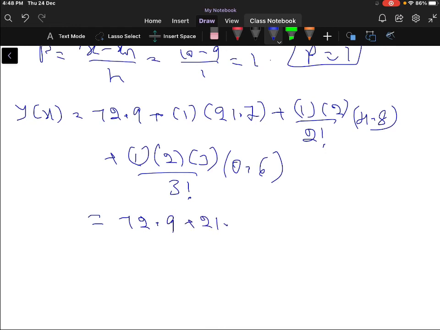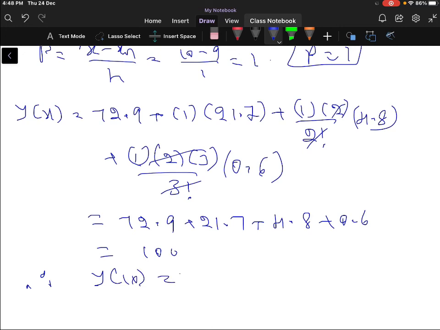So this is equal to 72.9 plus 21.7 plus 4.8, since the 2 gets cancelled, and 2 into 3 is 6 and the 3 factorial gets cancelled, plus 0.6.